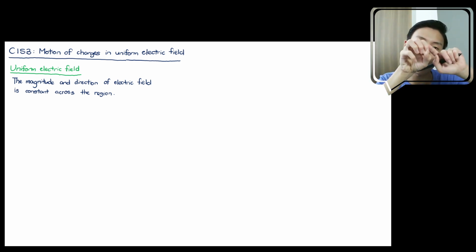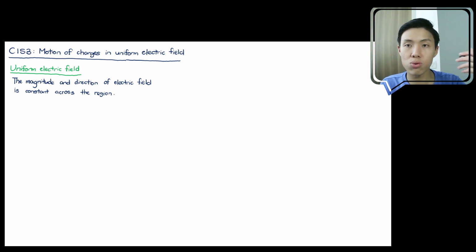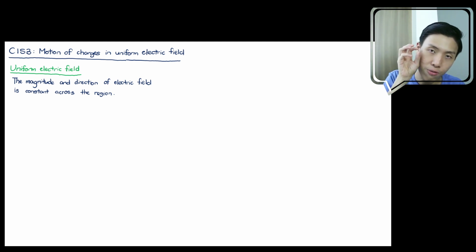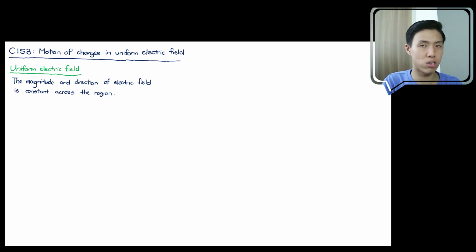So if you go further away from the point charge, the electric field gets weaker and weaker. So just by reading the statement here, you know that this is not a uniform electric field, because just like I mentioned, it gets weaker and weaker as you go away from the point charge. So the electric field produced by a point charge is not the uniform electric field.